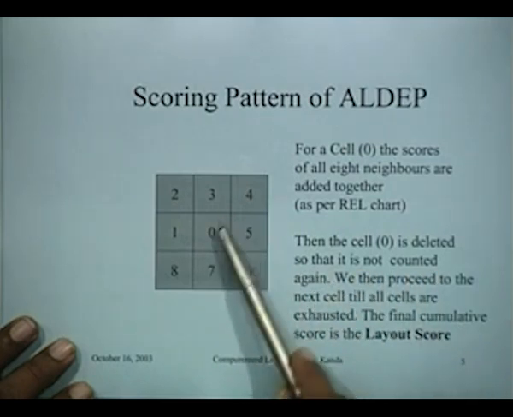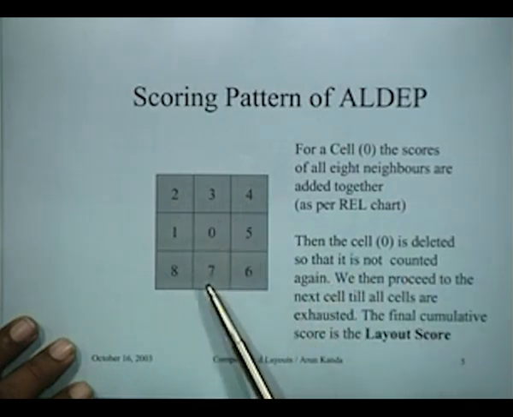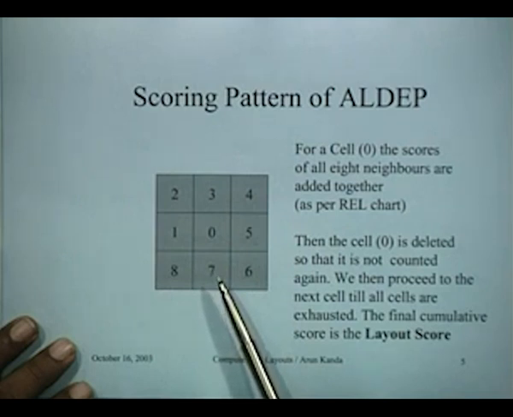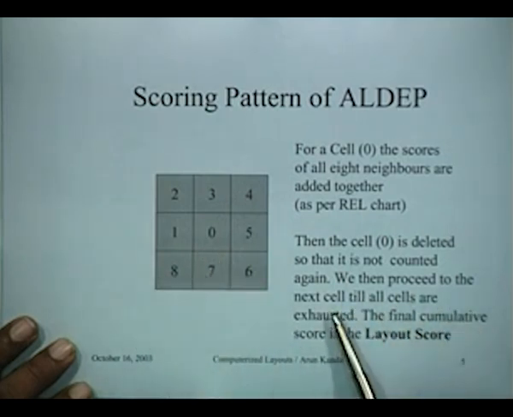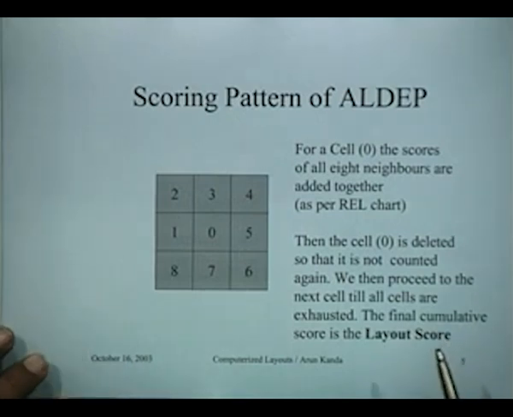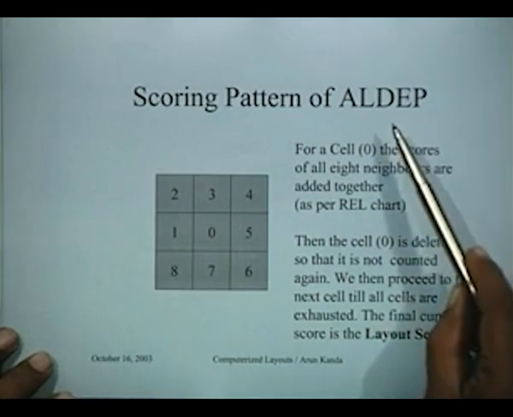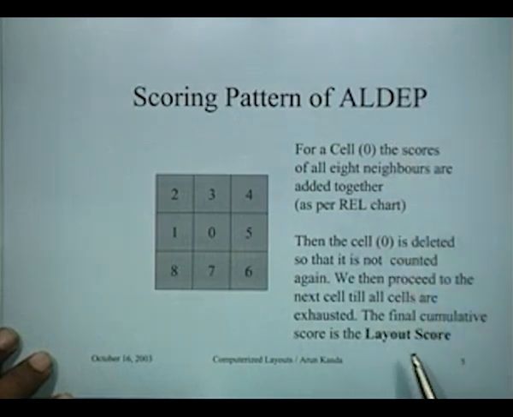You can put a cross on cell 0 and go to the evaluation of the next cell, evaluate all the neighbors for that cell and keep on adding the values. We then proceed to the next cell till all cells are exhausted in the entire space, and the final cumulative score is the layout score. So this is the basic procedure by which ALDEP assigns a score to a layout.